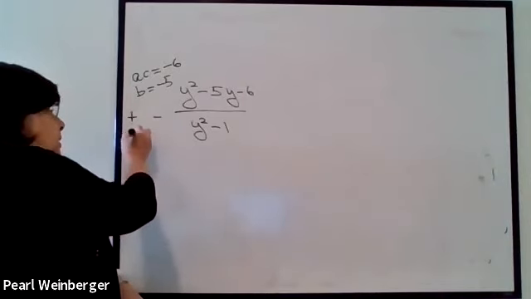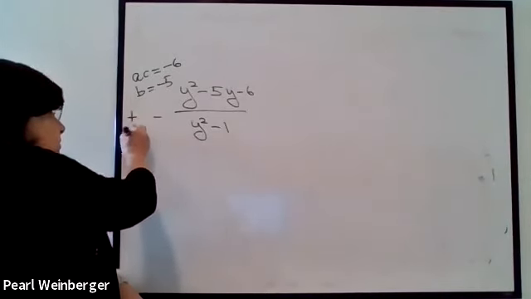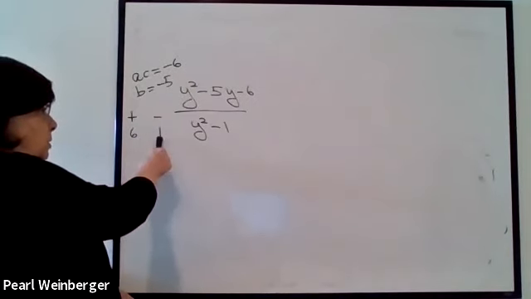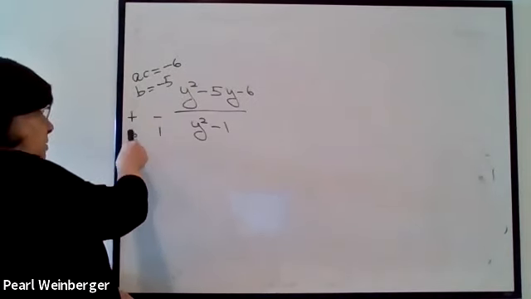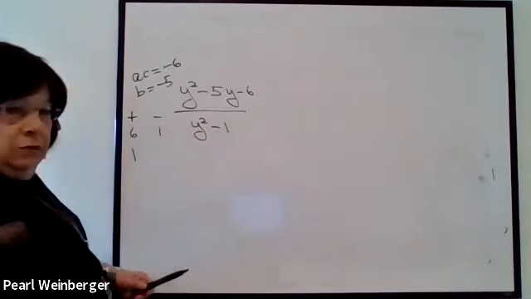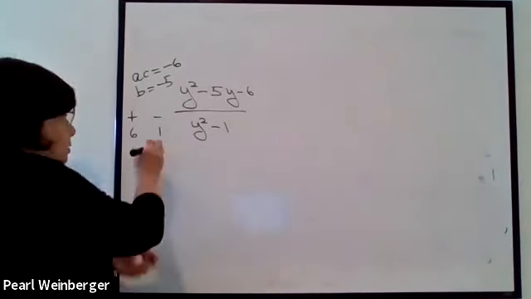Well, it could be a +6 and a -1. Notice if I combine +6 and -1, I get +5. I'm getting the right number, but the wrong sign. So let's switch this. Let's make the 1 the positive and the 6 the negative. In other words, +1 and -6 do combine to -5.